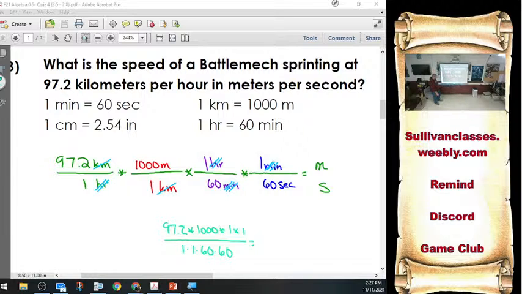So, what, 3 places, 97,200 over 3,600 is 972 over 36. Well, that's 72, so that's 2. 360. That goes in evenly, doesn't it? 27?